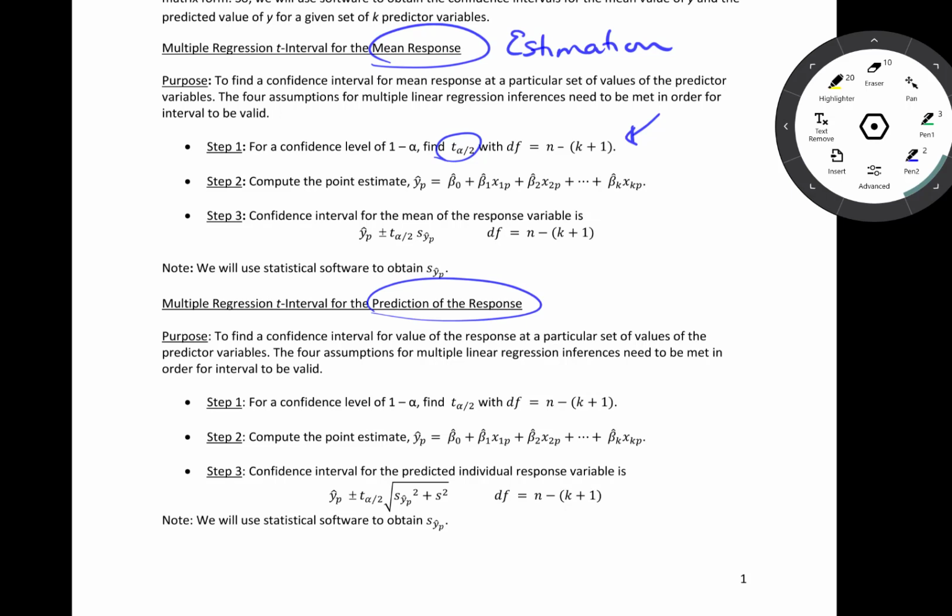We would then compute the point estimate. We saw how to do that with simple linear regression, but that's essentially where we take our prediction equation, plug in the values of the predictor variables that we are interested in, and then we can construct the confidence interval. Notice the form of the confidence interval is very similar to what you've seen before. It is the point estimate plus or minus the critical value times the standard error of y hat.